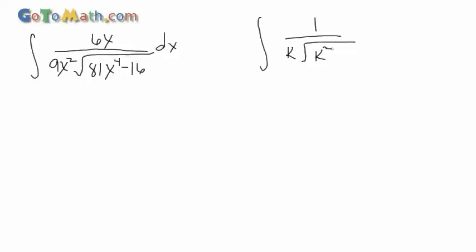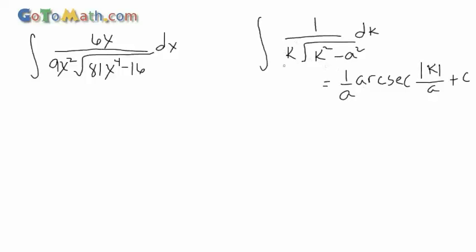So 1 over K times the square root of K squared minus A squared dK is equal to 1 over A arc secant of the absolute value of K over A plus C.